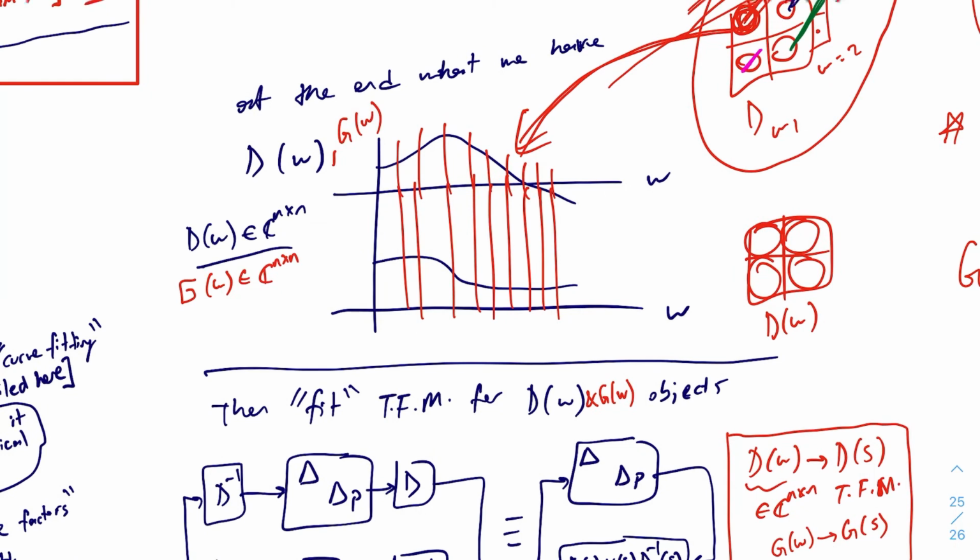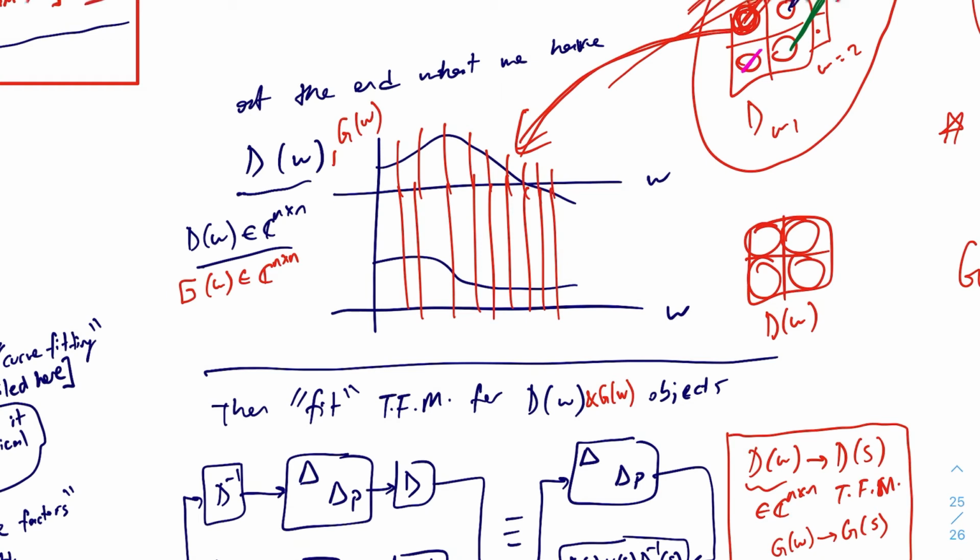And as in the previous video, in DGK iteration, when we have D omega, we need to find D of s. It's the same kind of logic that you use when you have a bunch of data and you want to find a function that can be linear or non-linear, but you have the form of it.